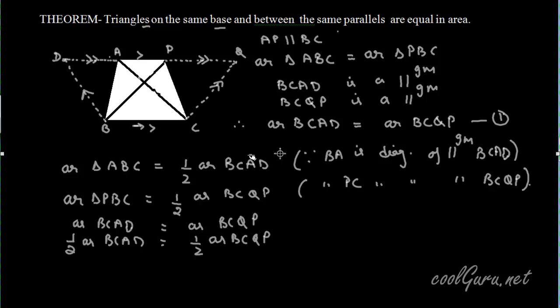So now right hand side of these two statements, half of area BCAD is equal to half of area BCQP. Therefore, left hand side is also equal, which implies that area of triangle ABC is equal to area of triangle PBC. That is, two triangles, if they are on the same base and between same parallel lines, then they are equal in area.